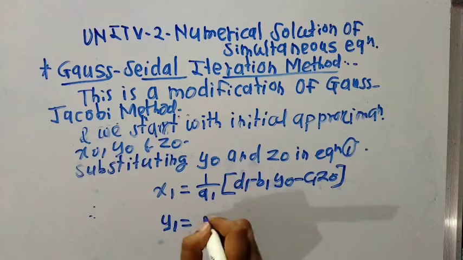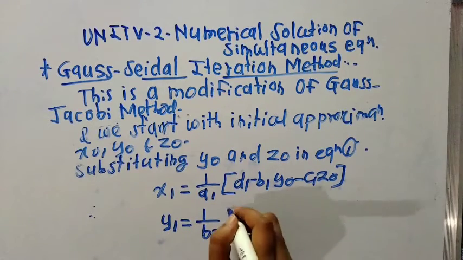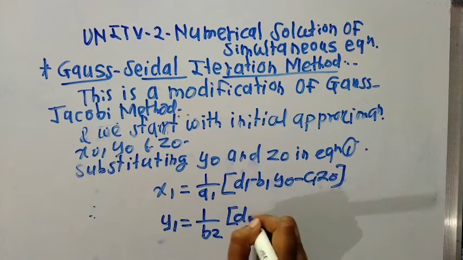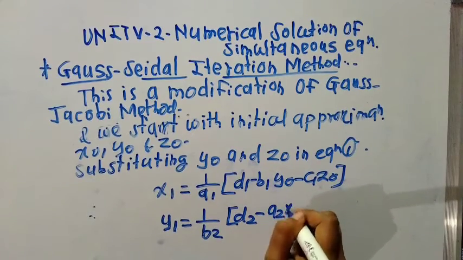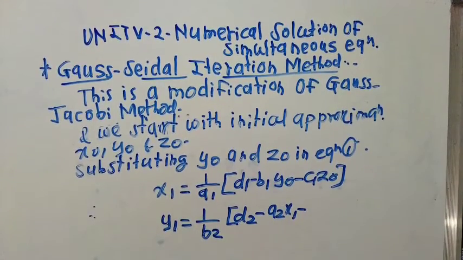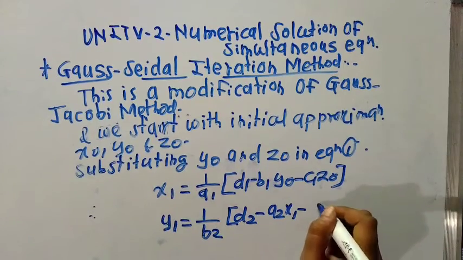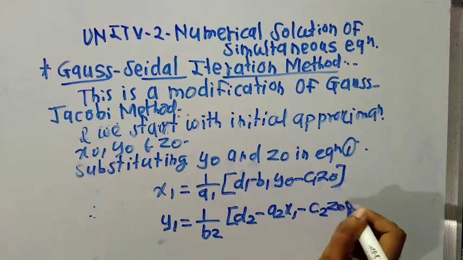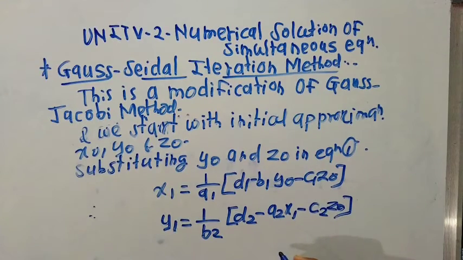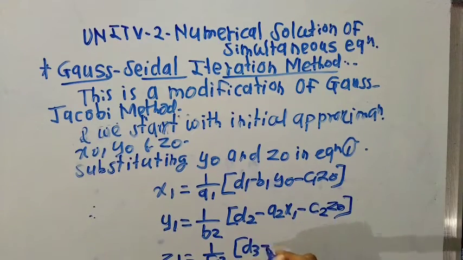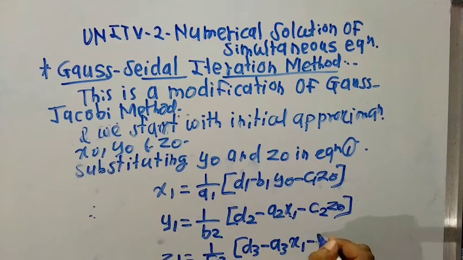Then y1 is equal to 1 divided by b2 into d2 minus a2 x1 minus c2 z0, and z1 is equal to 1 divided by c3 into d3 minus a3 x1 minus b3 y1.